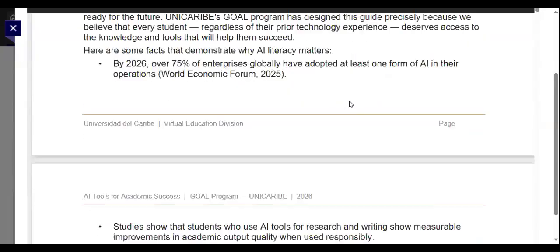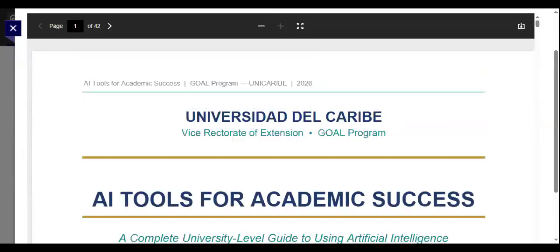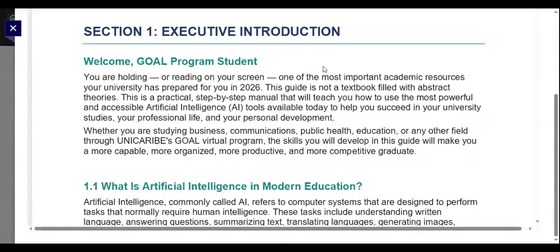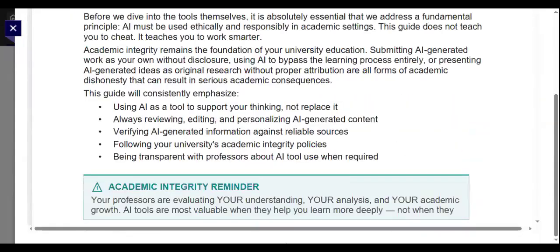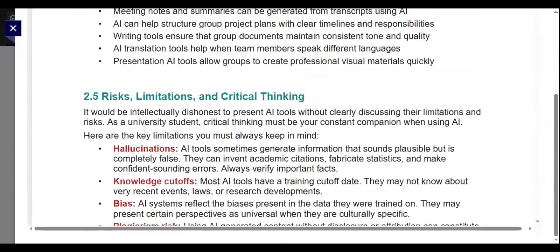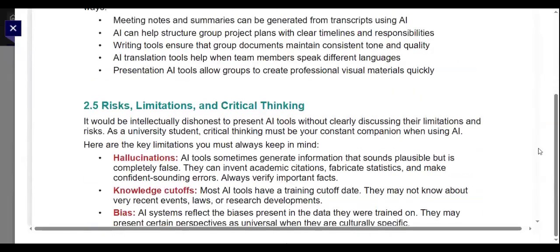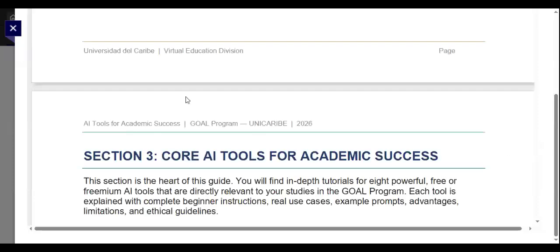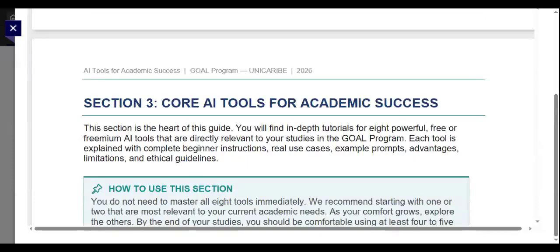In the next class, we're going to be talking about the AI tools as well, because we did the introduction of the importance of using AI, a general overview of the AI. In the next class, we're going to be seeing section number 3, talking about the core AI tools for academic success.